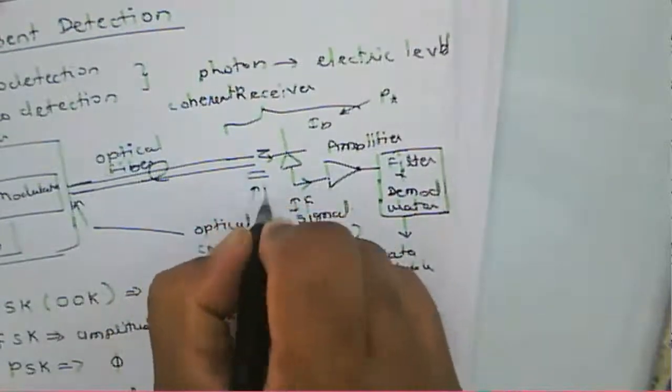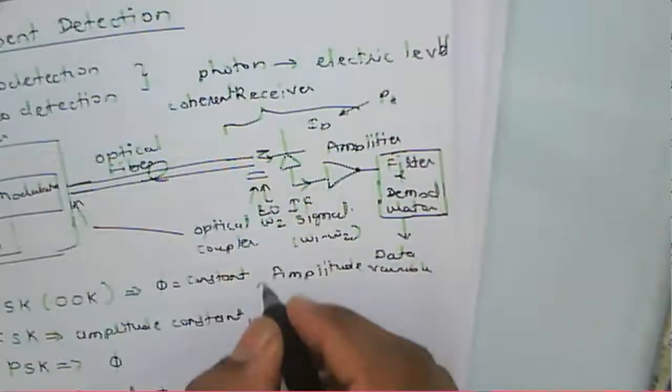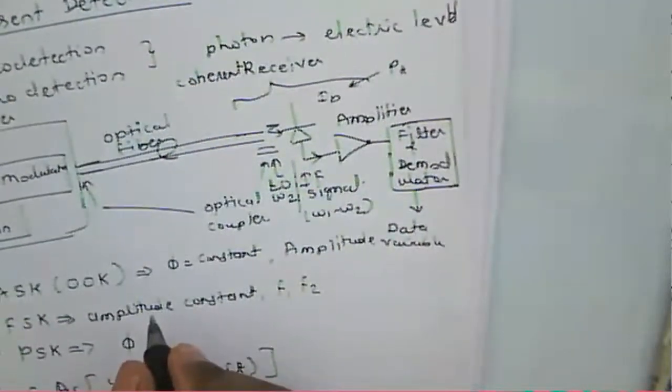Here we use a local oscillator of ω_2 frequency. So that's why we'll get that IF signal of ω_1 minus ω_2.